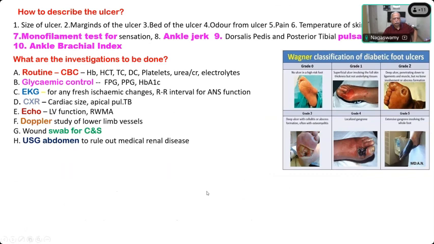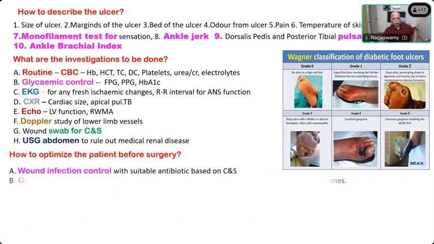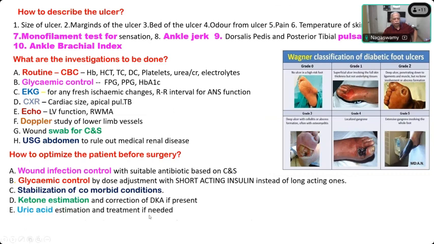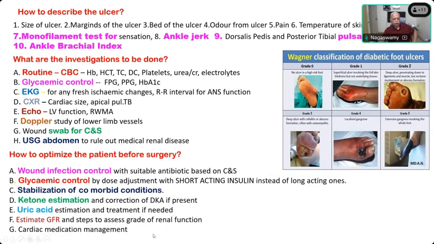And even if the patient is only on oral anti-diabetic agents, you can give short-acting insulins temporarily for controlling the infection. Stabilization of comorbid conditions, ketone estimation to see whether any occult DKA is present, uric acid estimation and treatment if needed for that, estimation of GFR to assess the renal function, and cardiac medication management.